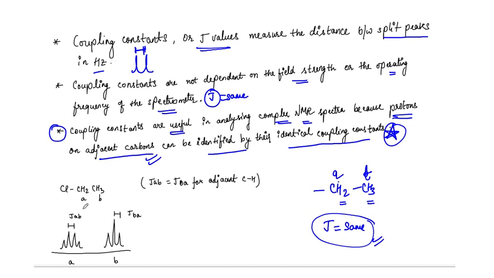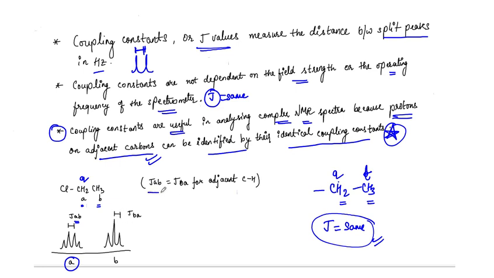So we can see from over here that we have taken this formula. This is our ethyl chloride. Let's say this is our proton A, signal A. Definitely, as we just discussed, it is going to be a quartet. So the quartet is like this. So JAB, which means the coupling constant with which A is being split by B, is going to be equal to JBA, which is basically a triplet over here, as you see, and JBA is this distance.